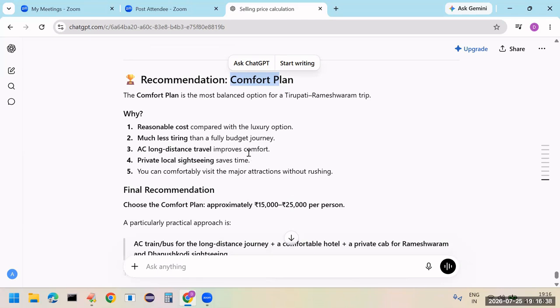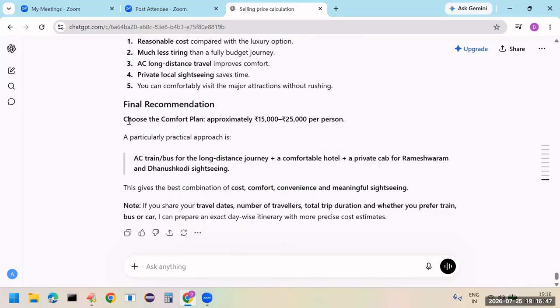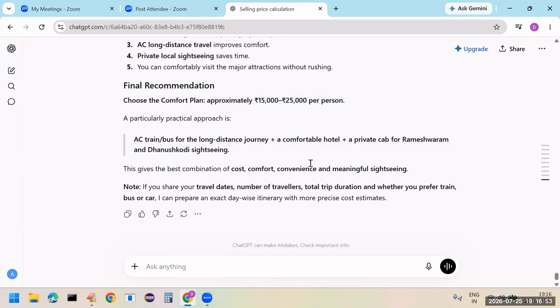AC for long distance travel improves the comfort. Private local sightseeing saves time. You can comfortably visit major attractions without rushing. So choose the comfort plan, approximately 15 to 25 per person. That's all. So AC train or bus for the long distance journey, a comfortable hotel, a private cab for Rameshwaram and Dhanushkodi sites. Clear, friends?